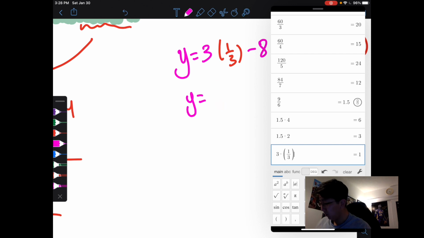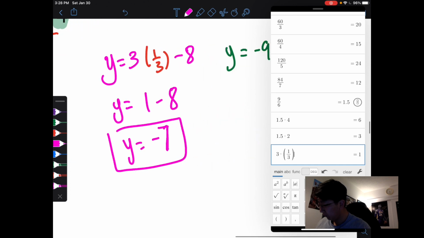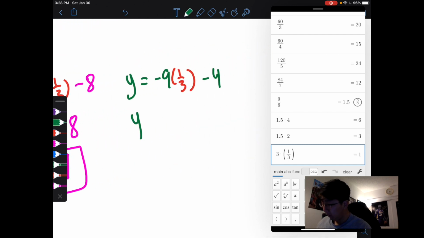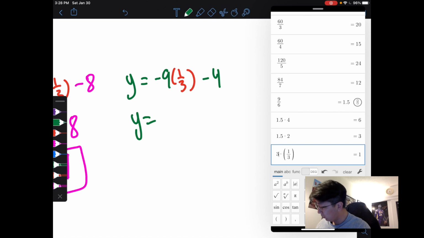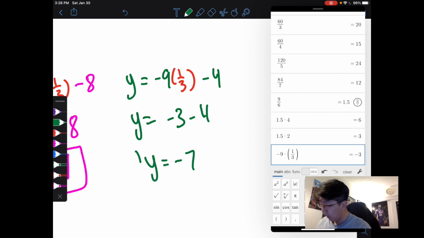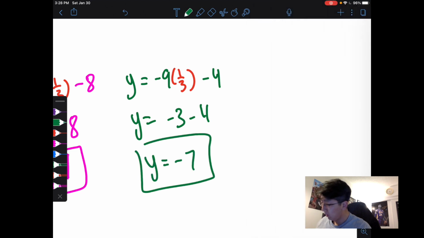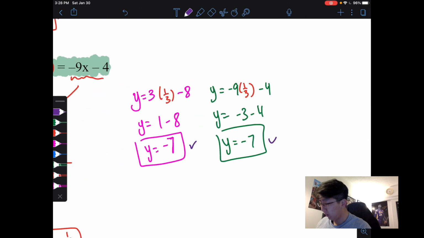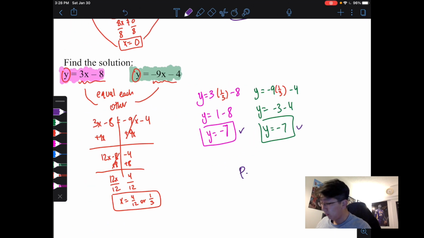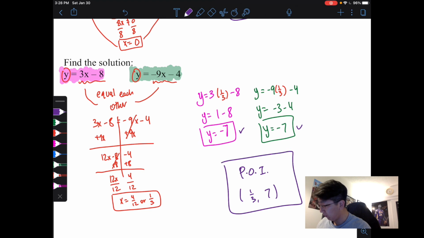So 1 minus 8, y equals negative 7. Here, y equals, instead of 3, negative 9 times 1/3, which is negative 3, minus 4. y equals negative 7. I used my calculator. They're the same, so our POI, our x value is 1/3, our y value is negative 7.